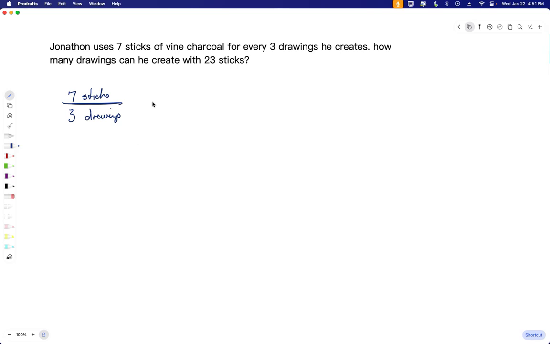So all we need to do is put this rate with the 23 sticks. I got 23 sticks. Put that over 1 in fraction form just because it's easier. Now we're going to take this rate and flip it so that sticks is on the bottom.